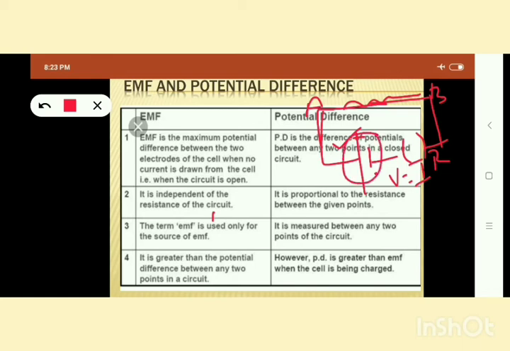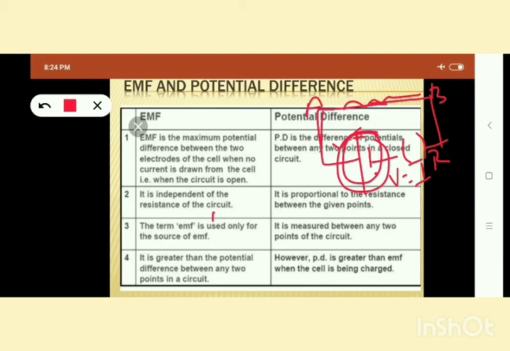The fourth point is that it is greater than the potential difference between any 2 points in a circuit. That you already know. When no current flows through the circuit, what we are getting is the maximum potential difference. And so EMF will always be greater than the terminal potential difference. However, potential difference is greater than EMF when the cell is being charged.